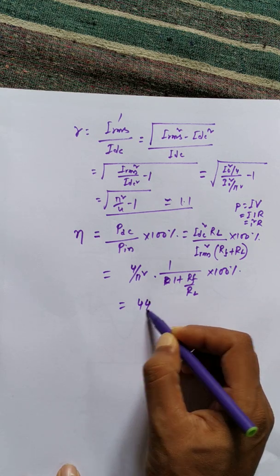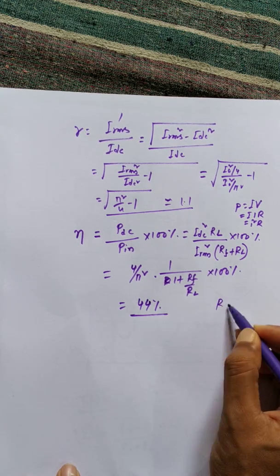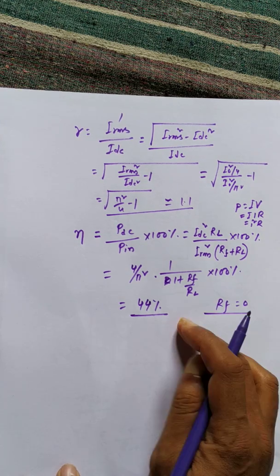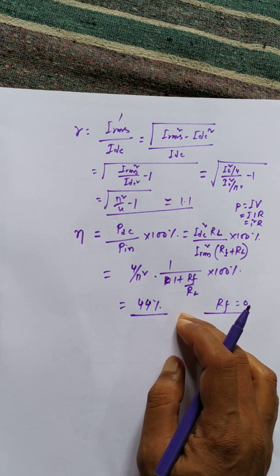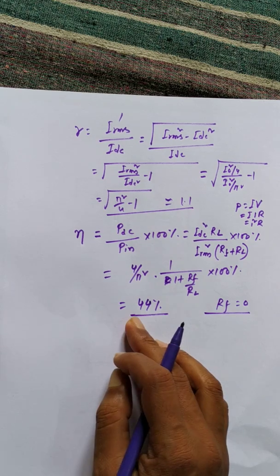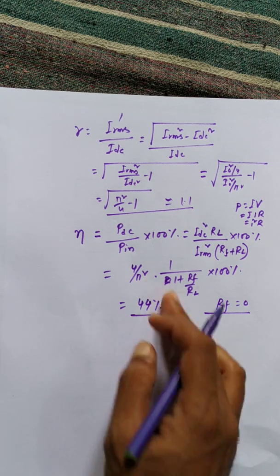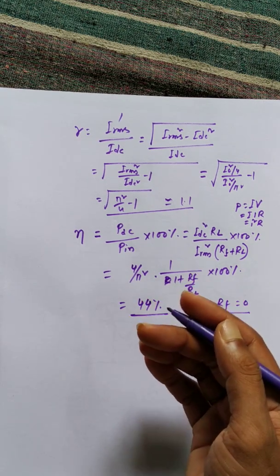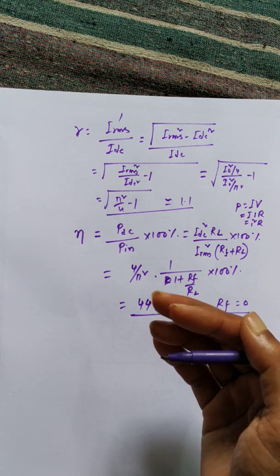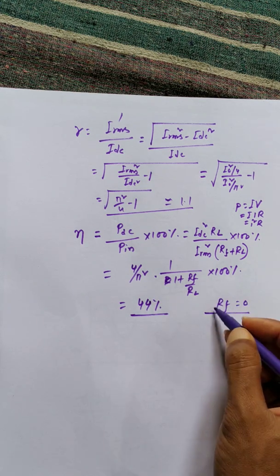Obviously, if we consider RF equal to 0, the efficiency of rectification for the half-wave rectifier is 40% maximum. This will be the maximum if we consider the forward bias PN junction resistance to be 0.